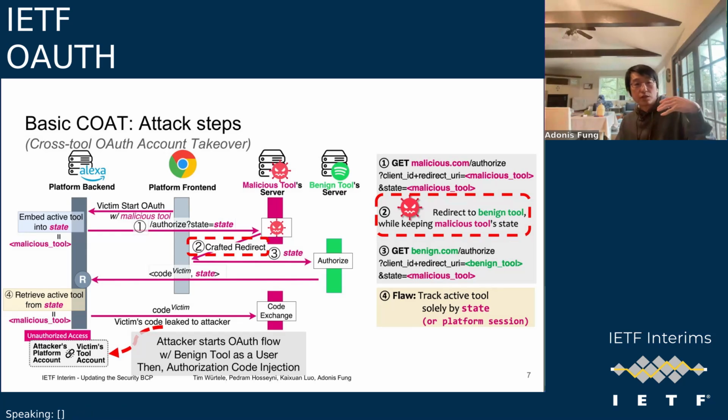So the server will check, okay, this is a malicious tool. Now I get the auth code. The auth code is basically just an opaque string to the platform, it cannot tell what it could be. And then this state perfectly matches the one that I used in step one.